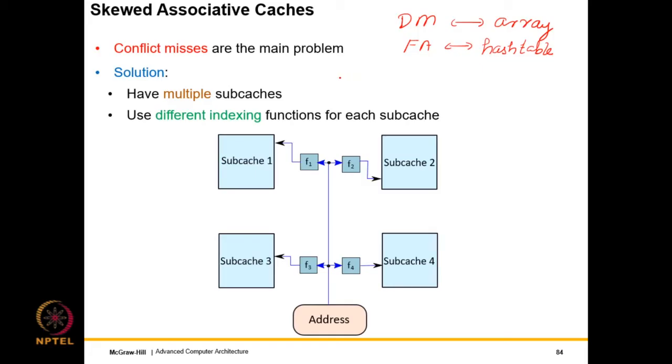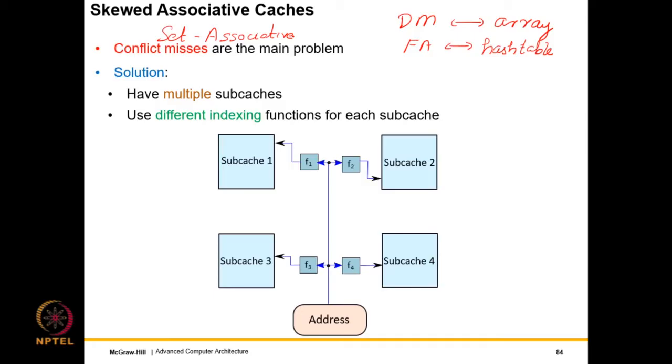Here again, the big broad idea is rather different in skewed associative caches. The direct competitor for a skewed associative cache is a regular set associative cache, which is a combination of an array and a hash table, or a hash table implemented on top of an array, where we are pointed towards a set of locations.